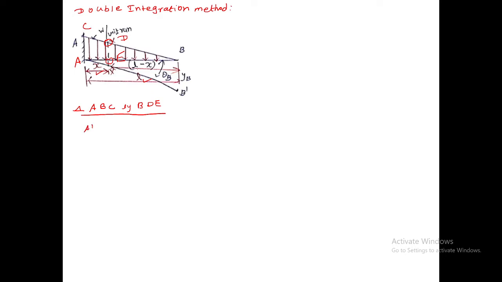So AB divided by AC equals BD divided by DE. In this, AB length is L, and AC length is W at the end A, C. BD is L minus x, divided by DE.